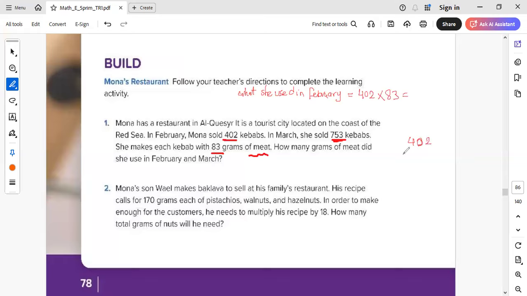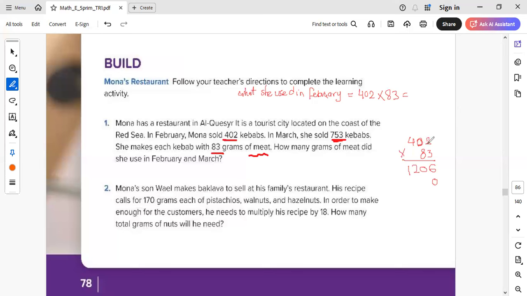402 multiplied by 83. 2 multiplied by 3 equals 6, then 0 multiplied by 3 equals 0, 4 times 3 equals 12. So when we multiply 402 by 3, we get 1206. Then we put this 0, the magic 0.